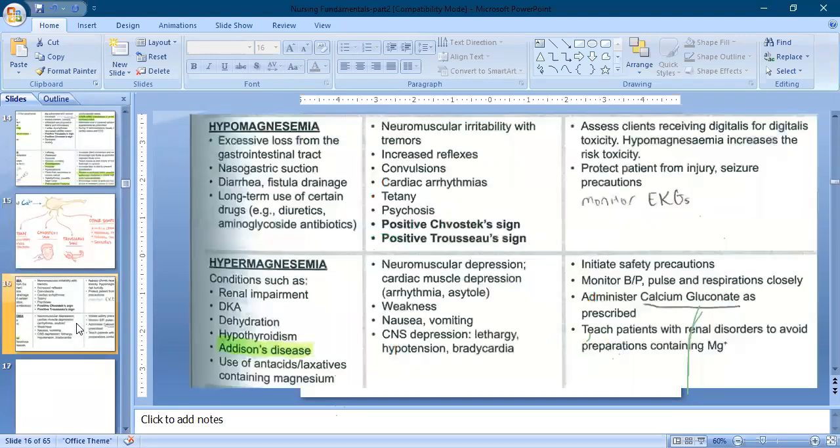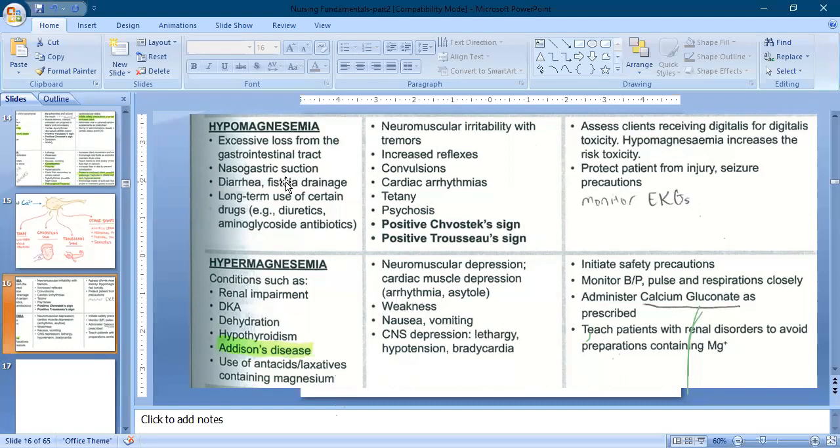If the patient's magnesium is less than 1.3 milliequivalents per liter, it is called hypomagnesemia. If the magnesium is more than 2.1 milliequivalents per liter, it is called hypermagnesemia.